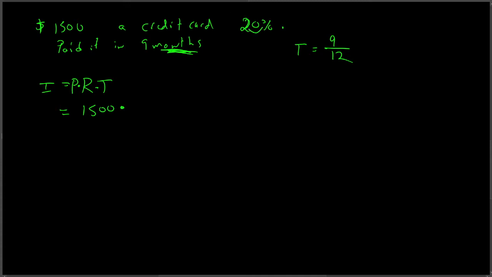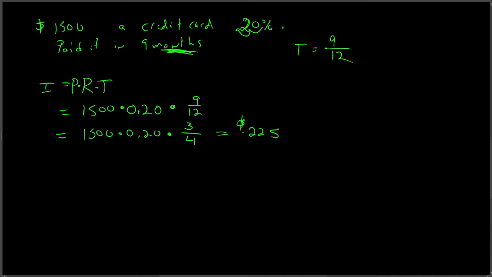I'm going to move the decimal 2 to the left, so this is 0.2 times 9/12. And I guess I can reduce 9/12. 1500 times 0.2 times 3/4. Well, I'll run to my calculator, and this gives me $225.